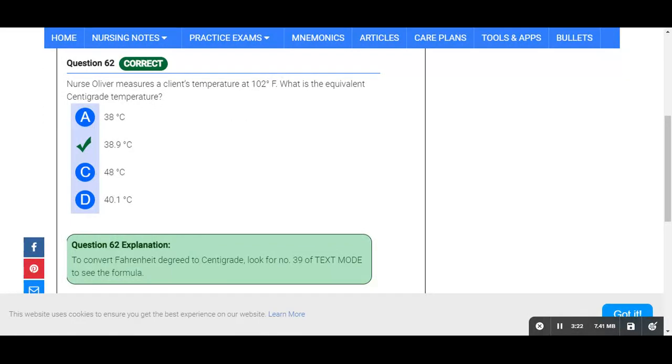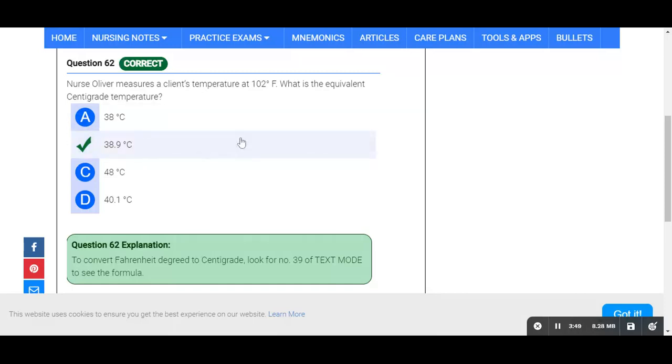This topic has been taught since grade school, but this is why it's very important to constantly review your lessons, especially the conversion of units, because you will always be using that. In order to convert Celsius to Fahrenheit, it's Celsius times 9 over 5 plus 32.